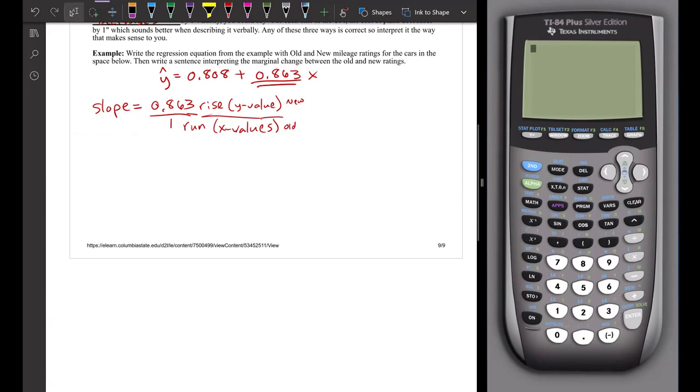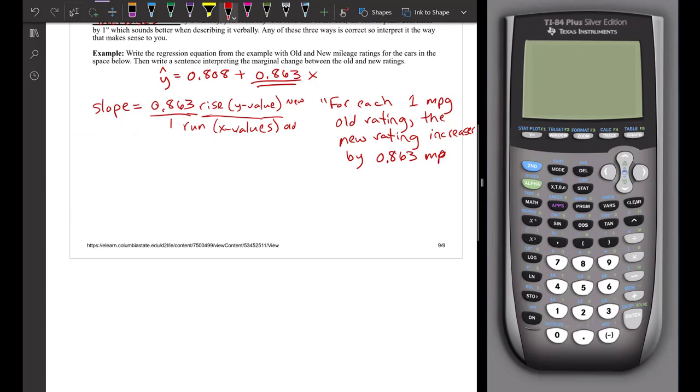You could say as the new ratings increase by 0.863, the old ratings increase by 1, or maybe just an easy way to say it, for each 1 mile per gallon old rating, the new rating increases by 0.863 miles per gallon.